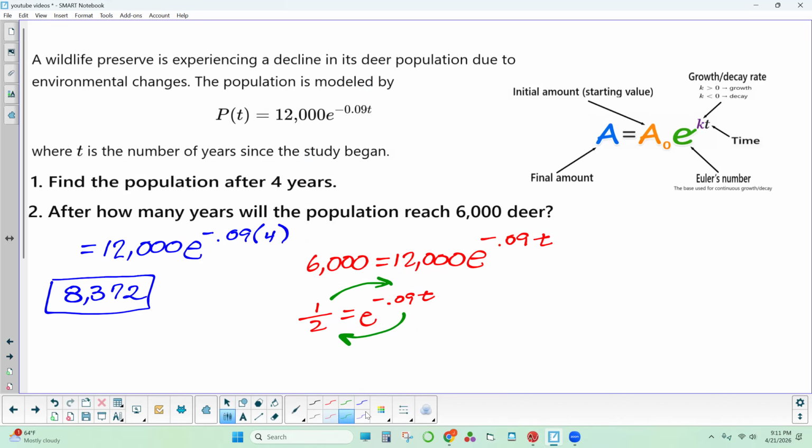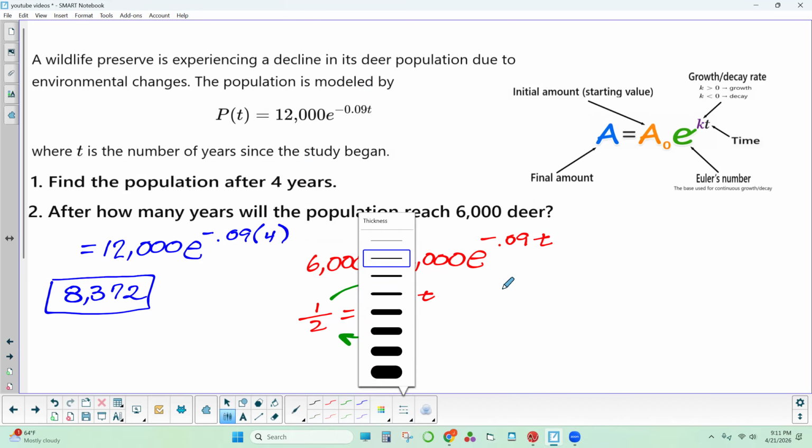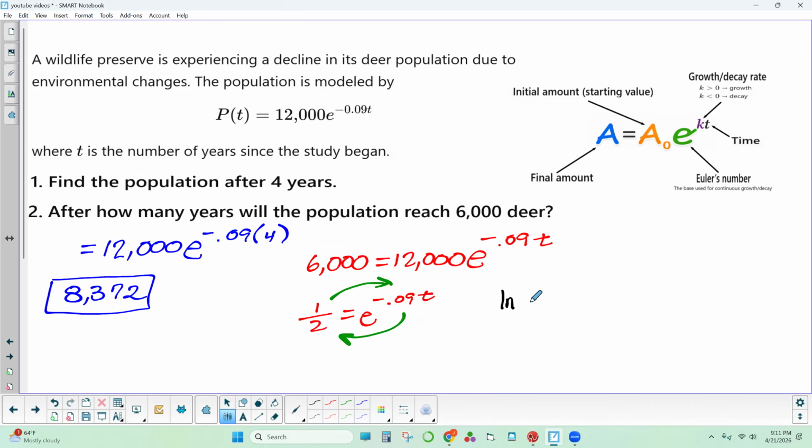So we've got natural log of 1/2 equals negative 0.09t. Now I'm going to divide both sides by negative 0.09 to isolate my t for time.